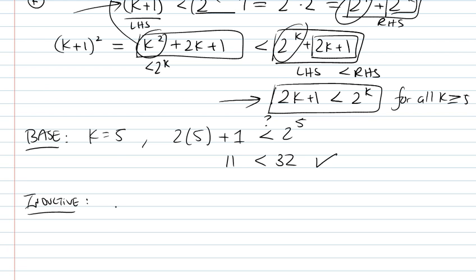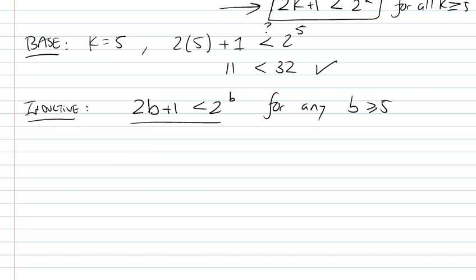At this point, the inductive step will be that first we have an induction hypothesis, that 2b plus 1 is less than 2 to the b for any b greater than or equal to 5. This is going to be our induction hypothesis, and what we need to prove is that 2(b+1) plus 1, so I'm just incrementing this, is less than 2 to the b+1.